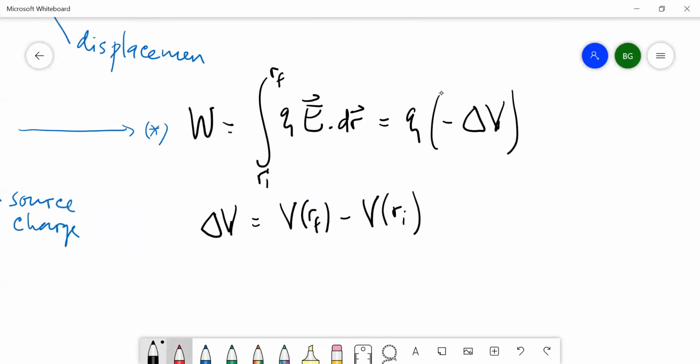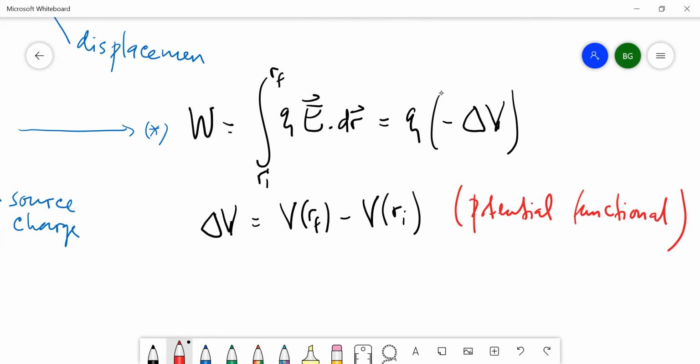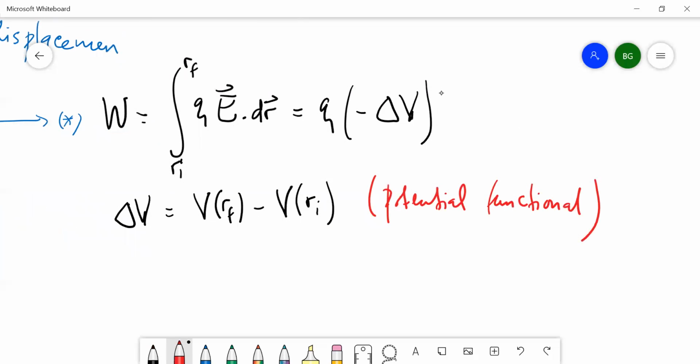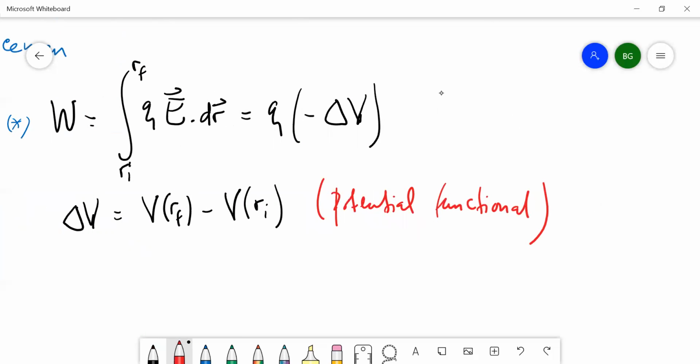So this is the potential. This one we call the potential energy.